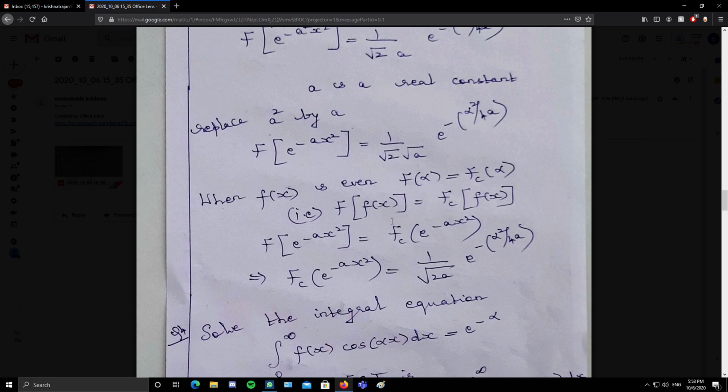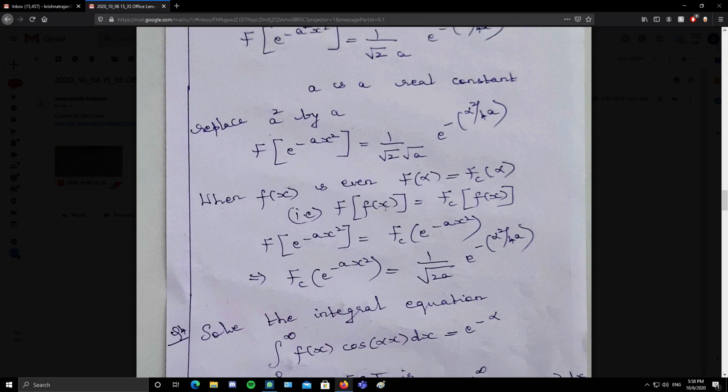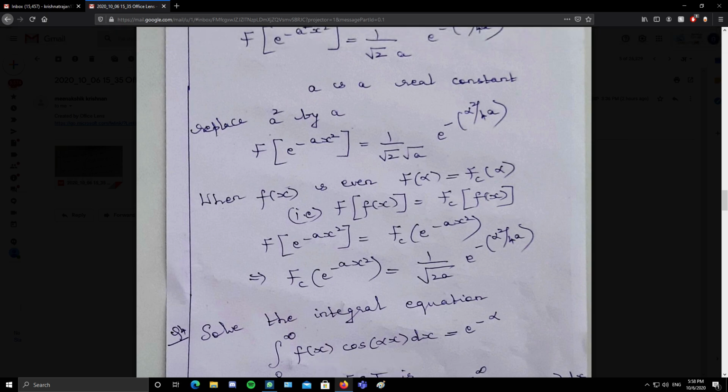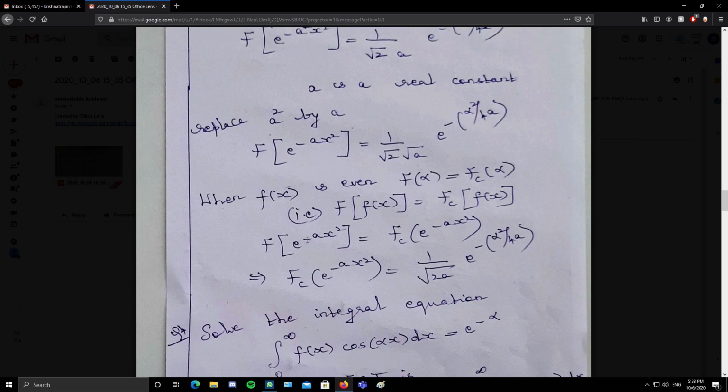Then make use of the relation F of alpha is same as Fc of alpha. So what is F of x here? What is F of alpha? A transform of f of x. What is Fc of alpha? Cosine transform of f of x. What is f of x? E power minus ax square. So F of e power minus ax square is same as Fc of e power minus ax square.